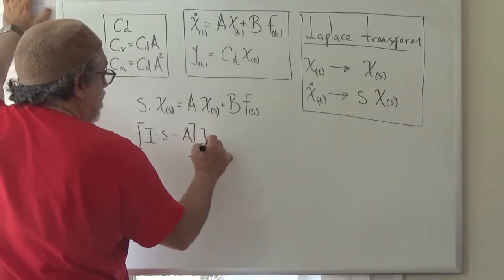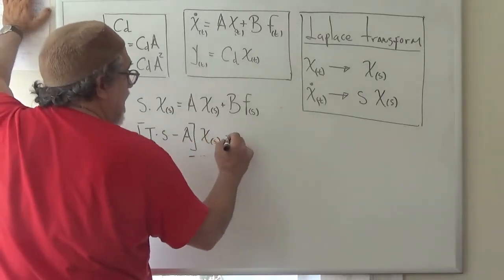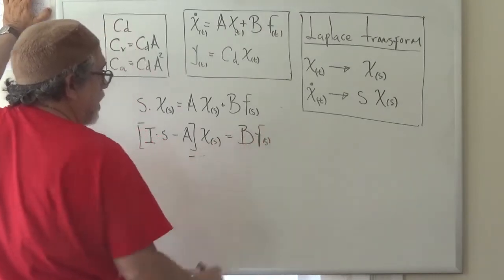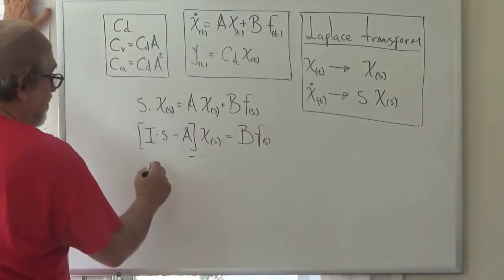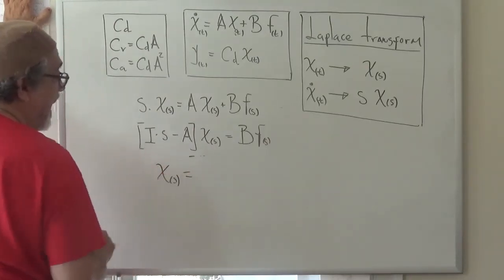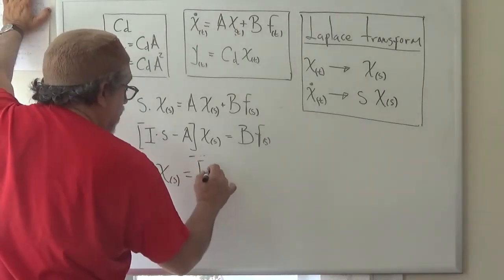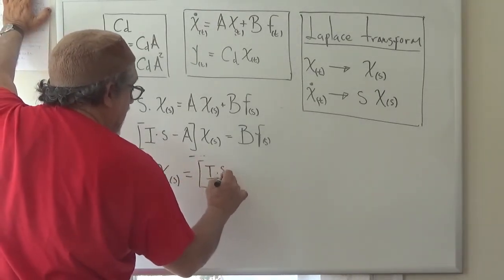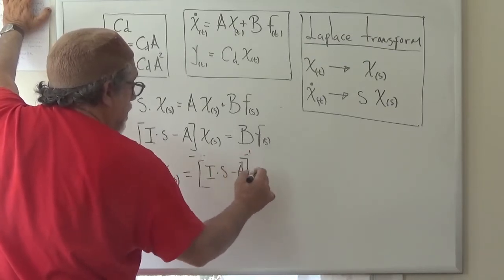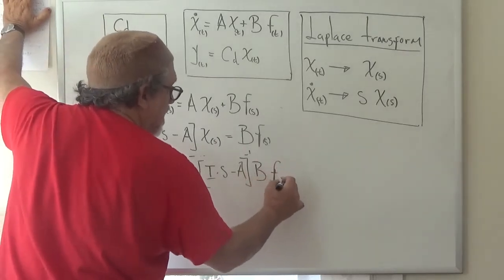These are both multiplying the vector x of s, and they must be equal to B times f of s. Okay? From where it follows that the states in the s domain, in the Laplace domain, is equal to identity times s minus A to the minus 1 times B times f of s, right?